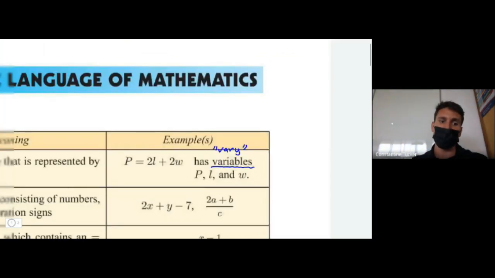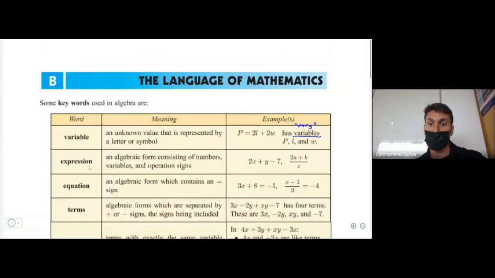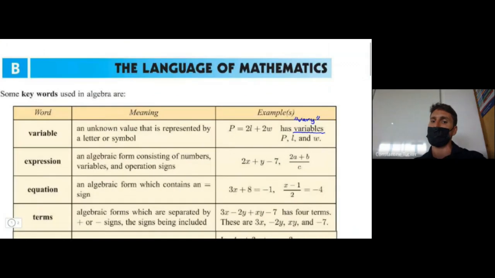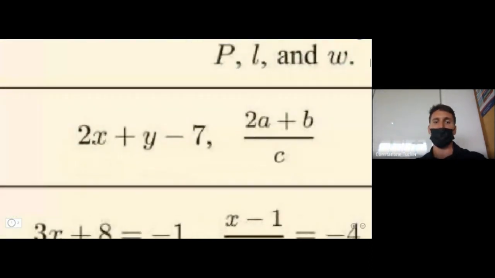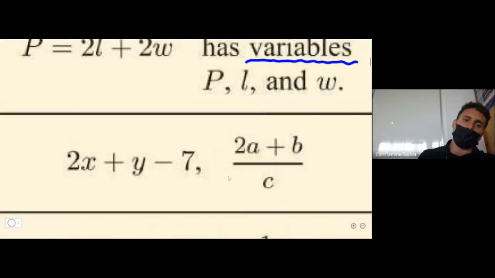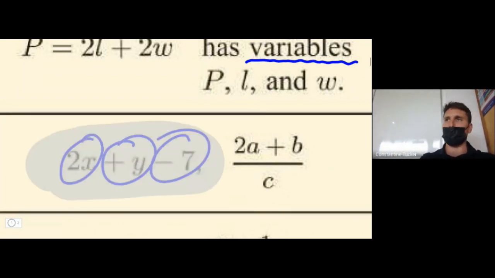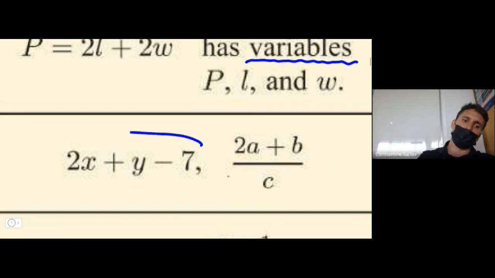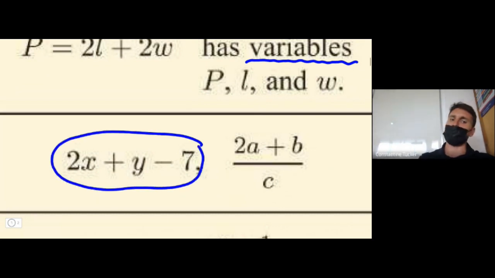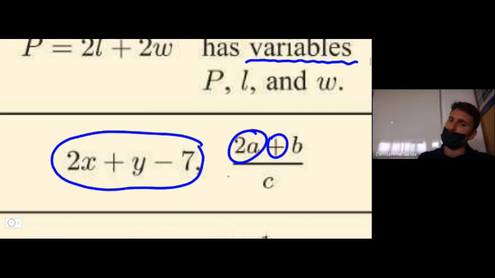Now let's move on to another term we're going to be looking at, which is expression. So I'm going to zoom back in to show you some expressions. Here you see we've got letters, numbers, all of them mixed up together with pluses and minuses. This whole thing here is an expression. Then here, the same idea, we've got some letters being added, divided by another letter.